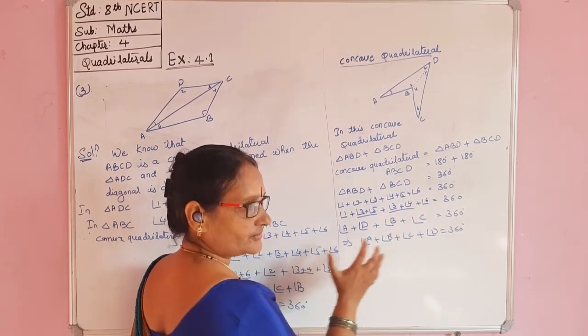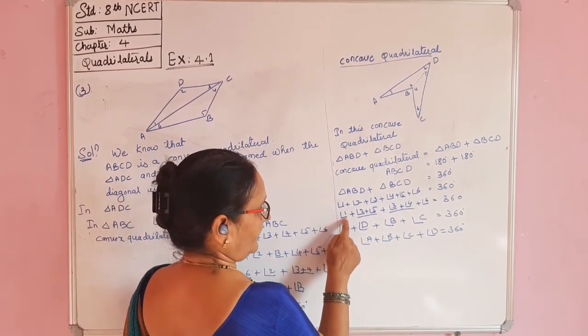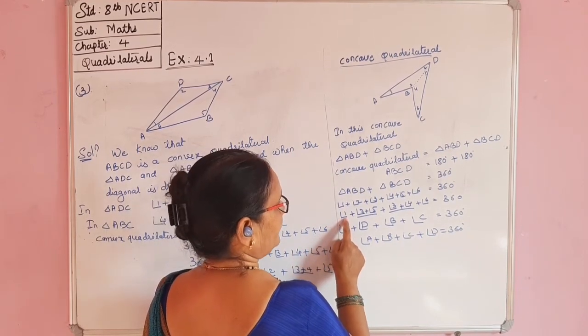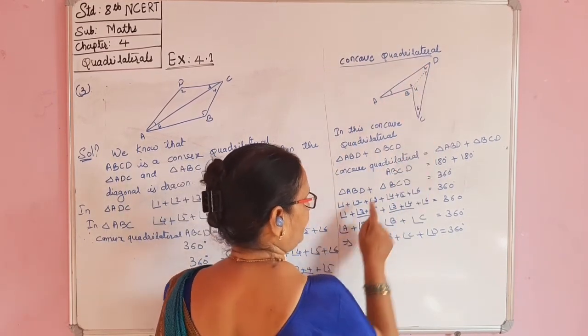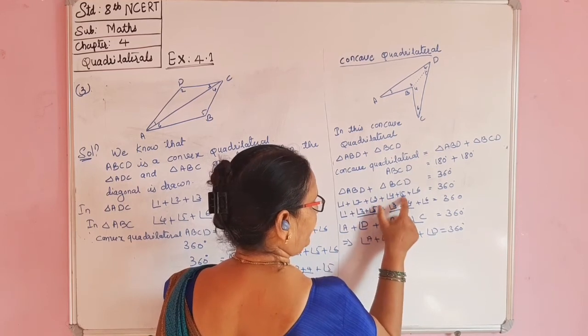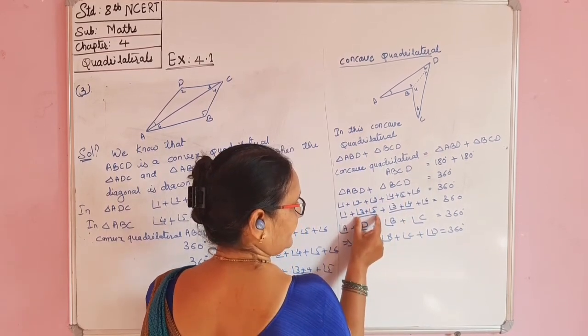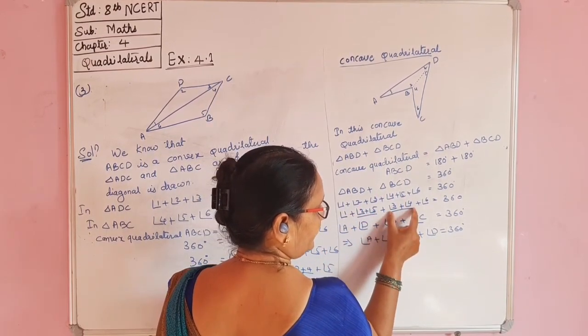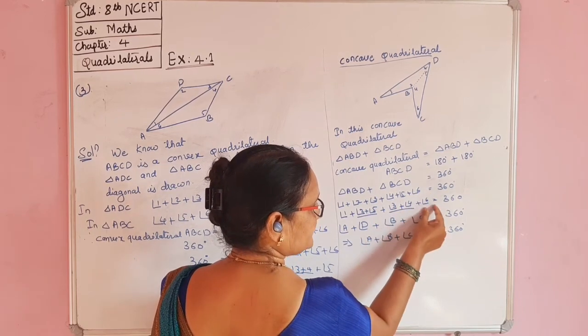Now just we will have some arrangement. Angle 1 will keep as it is. Angle 2 plus 5, 2 and 5 are here. 3 and 4 we will take together and write. Angle 6 separately.